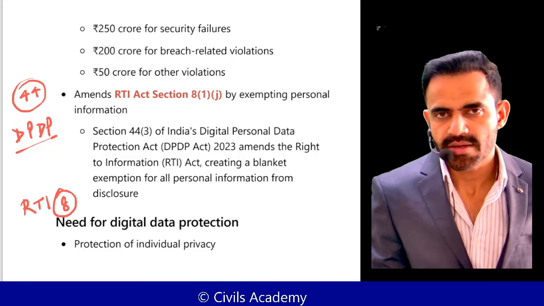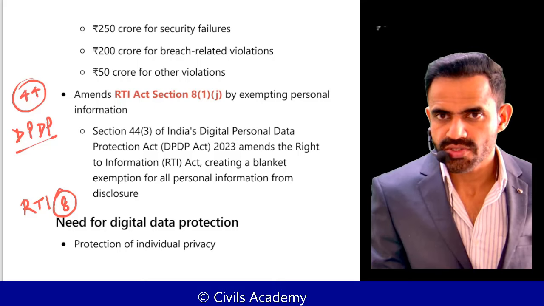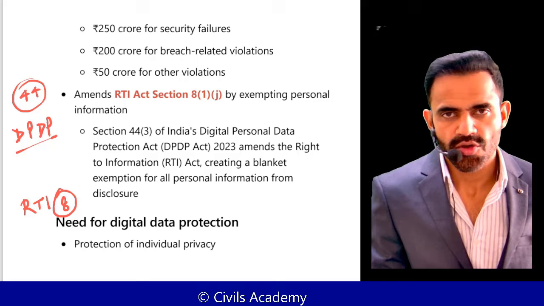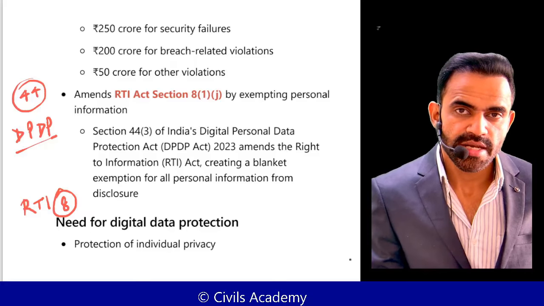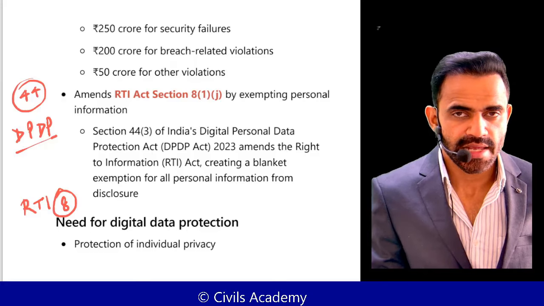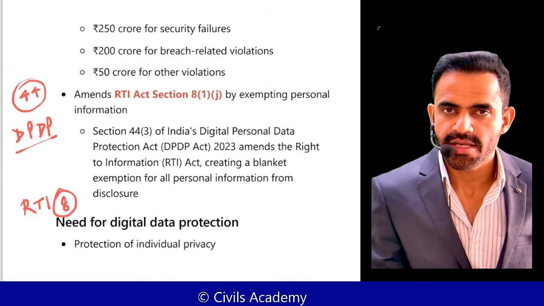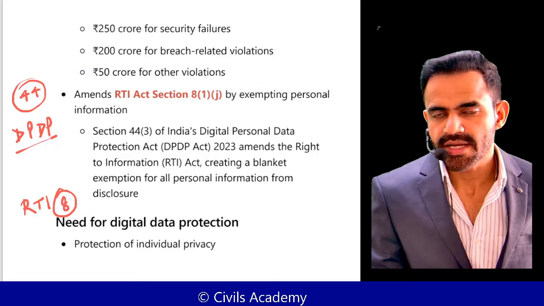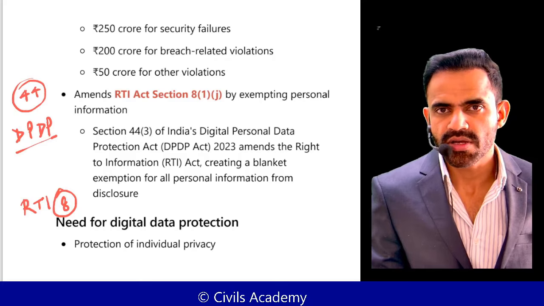That is basically his personal information. But under RTI, that could have been disclosed for wider public purpose. Okay. But now under DPDP, because it is personal information, it cannot be disclosed. And if it is disclosed, there is a provision of these kinds of penalties. So that's why it is criticized that this DPDP has kind of overshadowed the Right to Information Act.